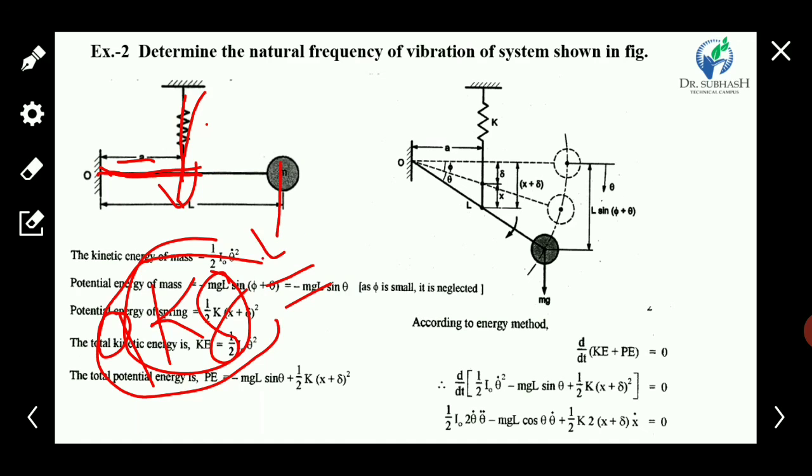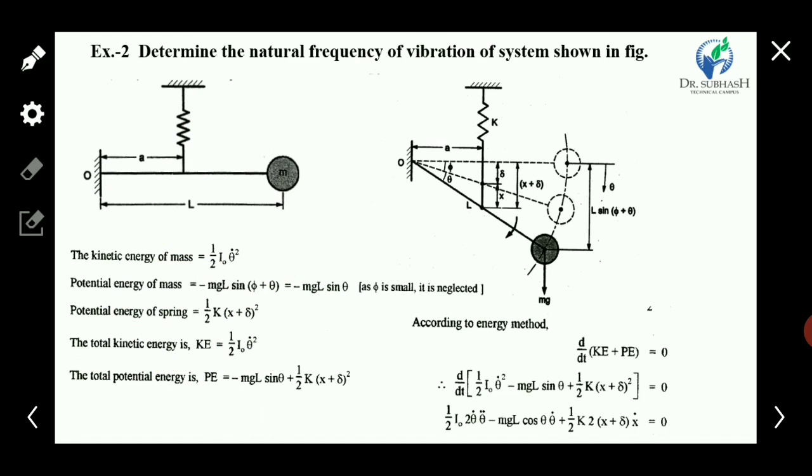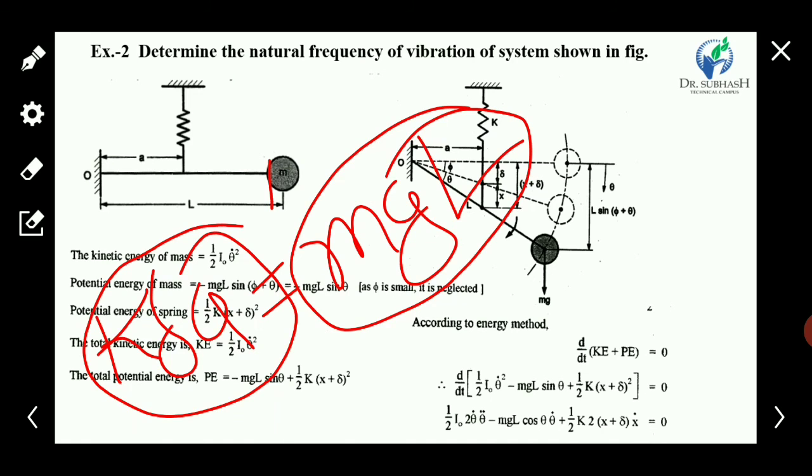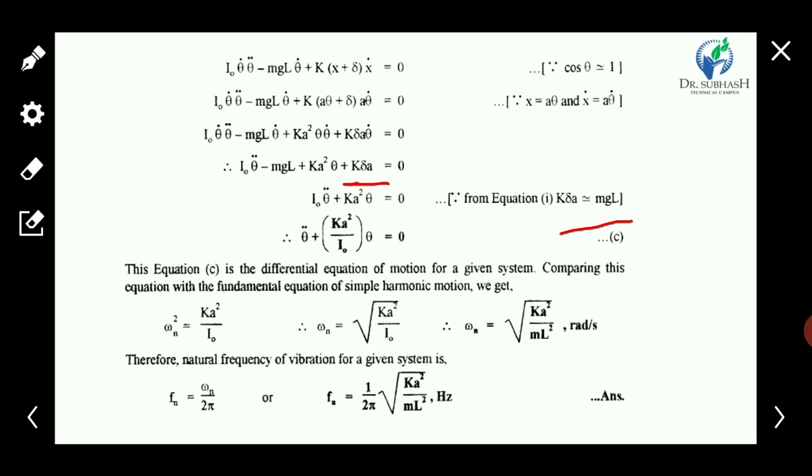And now the gravitational torque is the gravitational weight mg, and the distance is l. So k delta a is equal to mgl. We can put that here. So mgl is cancelled because one is positive and one is negative, so its differentiation is 0. So only two elements are there.